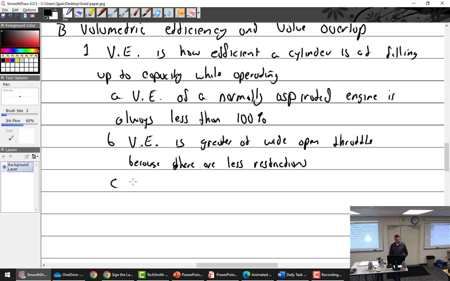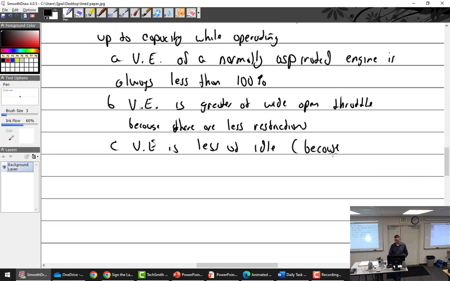And conversely, volumetric efficiency is less at idle because the throttle is closed.